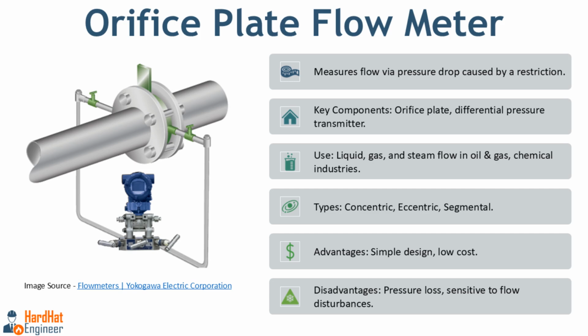The main advantages of this type of flow meter are its simple design and low cost. However, it also has some drawbacks, like causing a permanent pressure loss in the system and being sensitive to flow disturbances, which can affect accuracy.